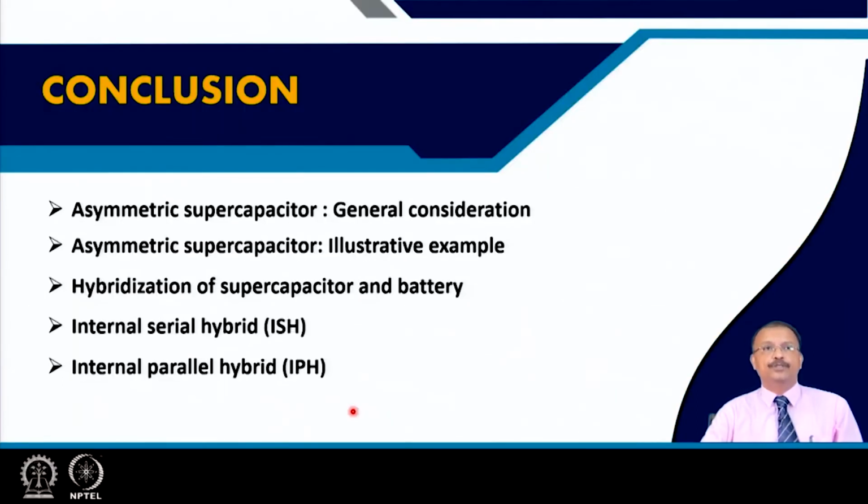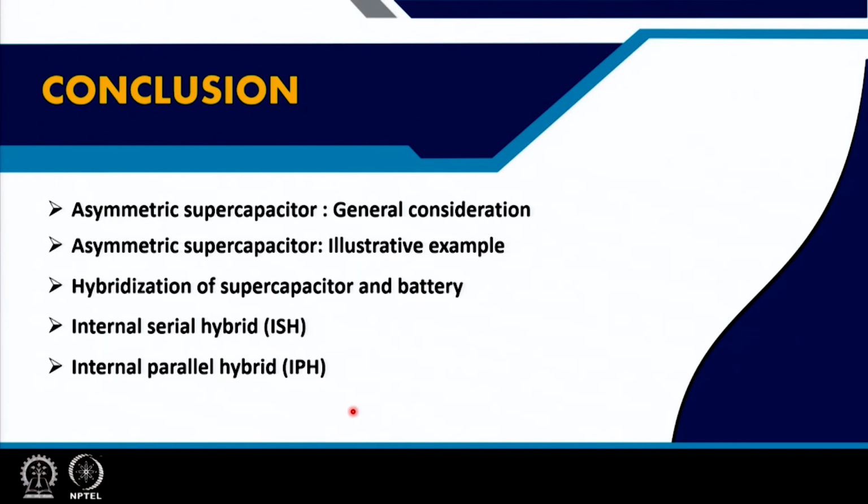So, we have introduced the asymmetric supercapacitor, their general considerations, and then one illustrative example of how to match the voltage by changing the respective capacitance. Then what I meant by hybridization of supercapacitor and battery: in the strict sense it is not a supercapacitor, but it is an interesting hybrid, so I have included it in this part of the lecture.